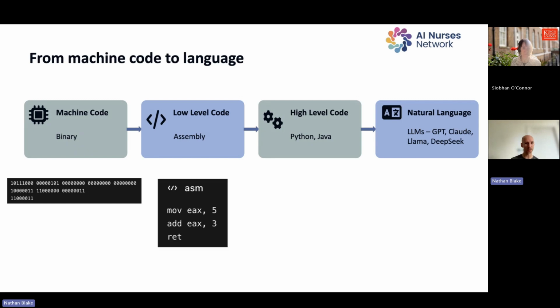However, quite quickly, lower-level languages were created. Assembly is a very famous example, which is still pretty opaque to humans. Only the most specialized humans can understand it. But you can already see there's a little bit of syntax there which you may understand. You've got words like add and mov, that is move, and ret, return.